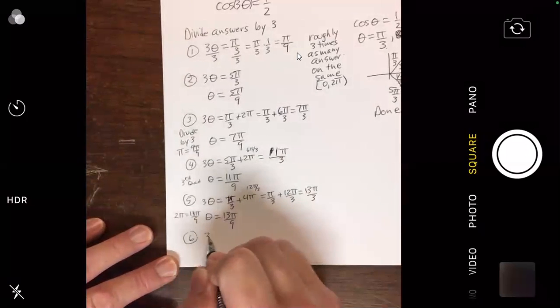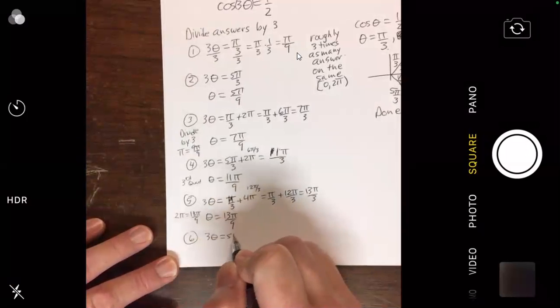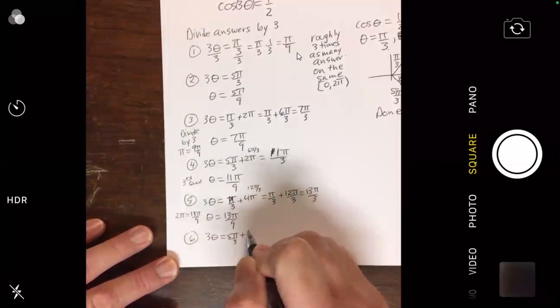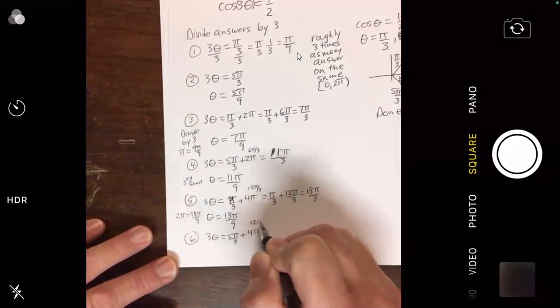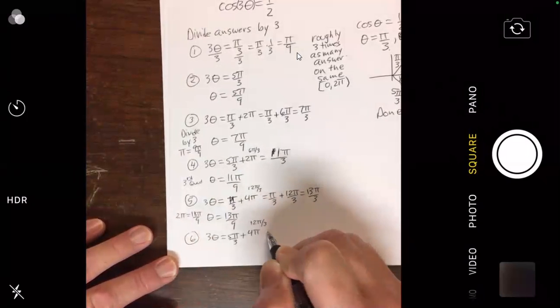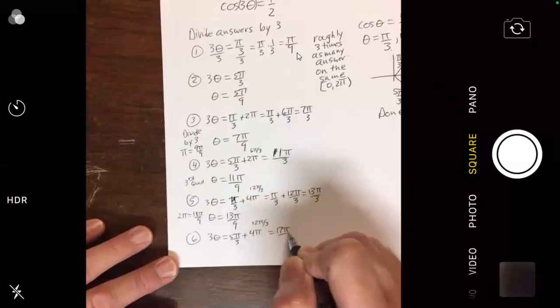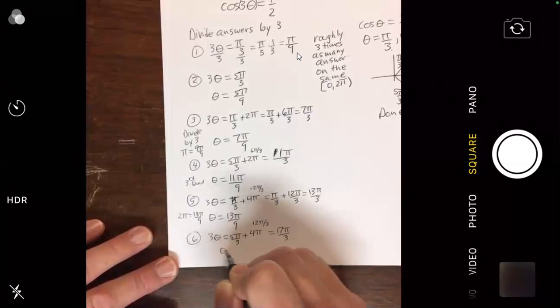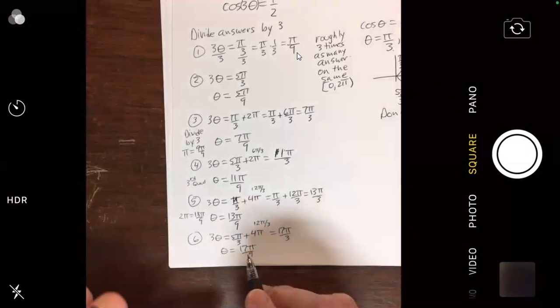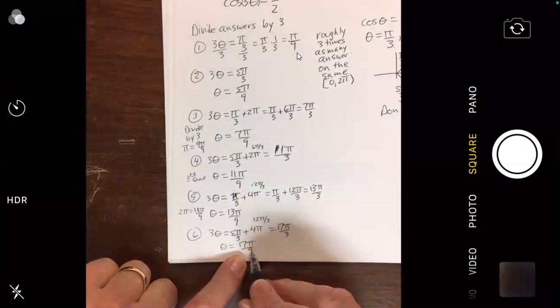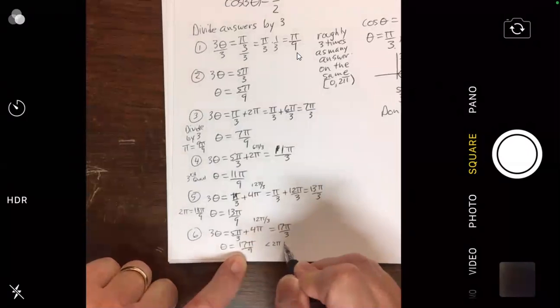Sixth cut at it. 3 theta would be 5 pi over 3, add 4 pi, which is 12 pi over 3. So that's 17 pi over 3. Theta would be 17 pi over 9. I'm almost at 18 pi over 9. I'm still less than 2 pi, which is 18 pi over 9.